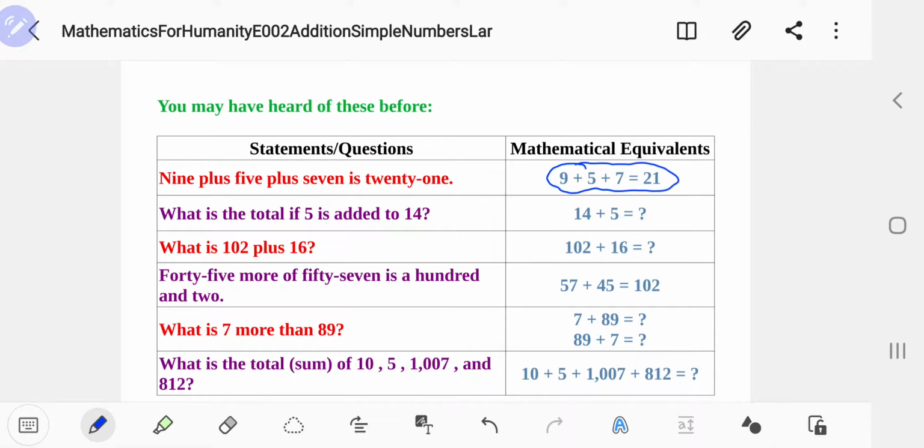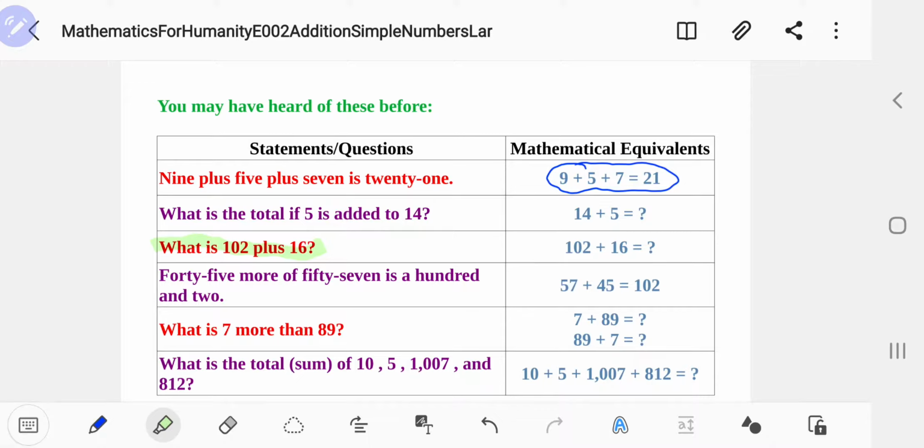The next is a question. What is the total if 5 is added to 14? So your mathematical equivalent for that is 14 plus 5 equals. So that's it. The next is, what is 102 plus 16?